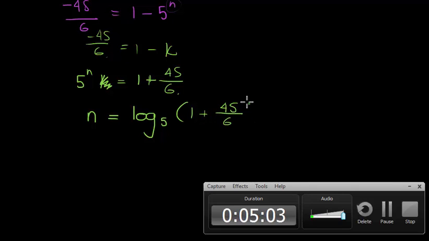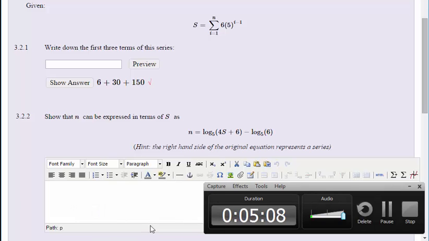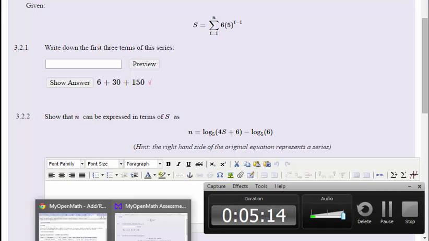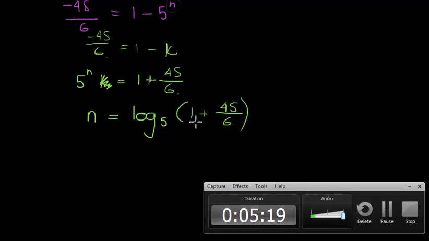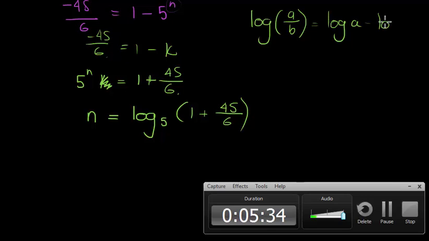4s over 6. Now let's just see where I'm supposed to get to. I'm supposed to get log of 6 plus 4s, minus log 5 of 6. Okay, I'm not far from there, you see? I've got something going. There's a log law that says when I have log, if inside my log I have an a over b, I can write it as log a minus log b.